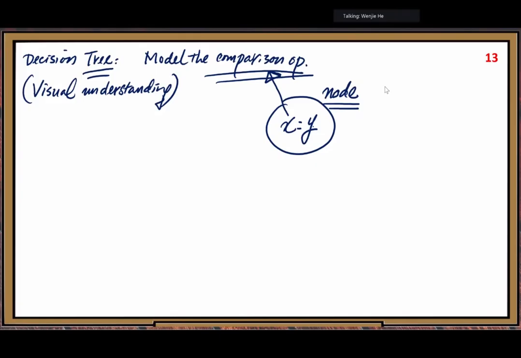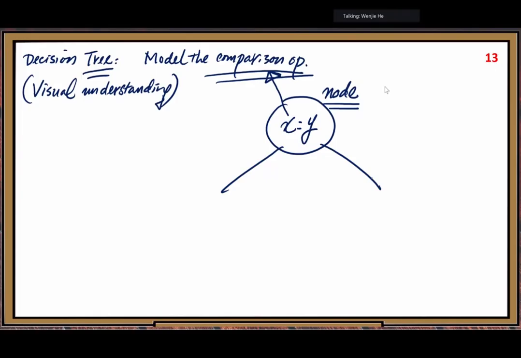Because comparison, you have results, right? So you have different outcomes. That corresponds to the decision-making process. So two branches from this, because we want to draw a binary tree. Binary tree, more convenient.